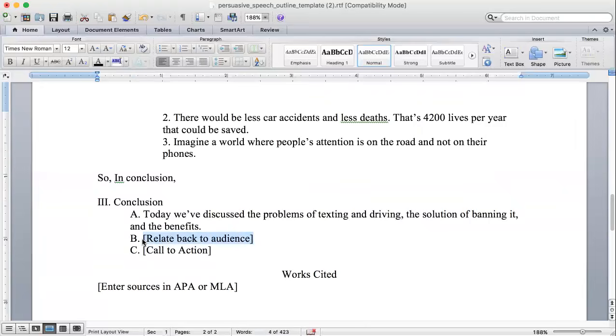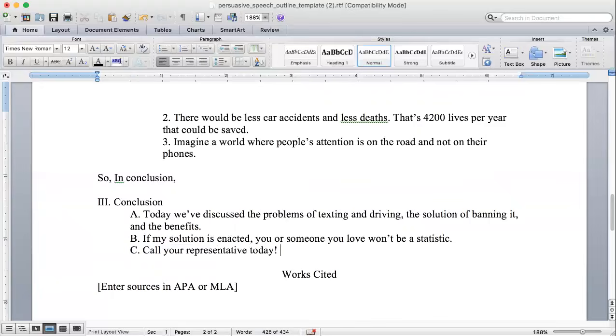So relate back to your audience. If my solution is enacted, you or someone you love won't be a statistic. And then finally, a call to action. What can you do? Call your representative today.